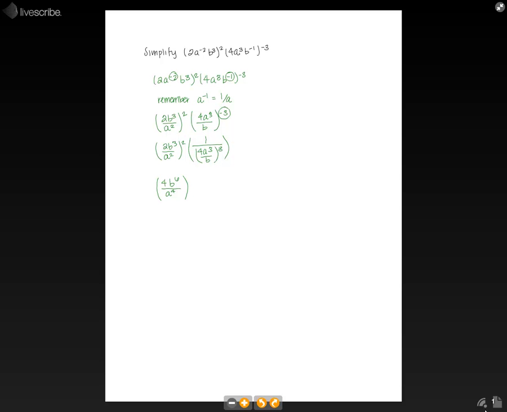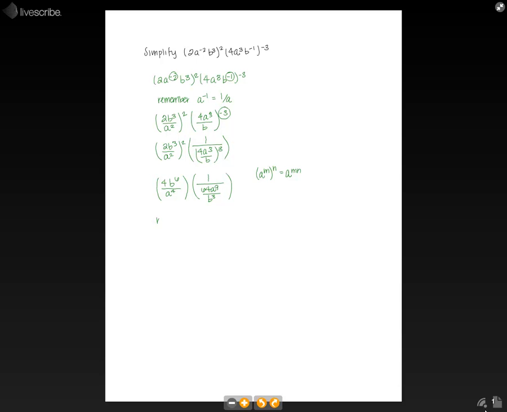And in the second term, we're going to end up with 1 over 64a to the 9th over b to the third. If you don't remember that property of exponents, here it is: a to the m, all of that to the n, is the same as a to the m times n.